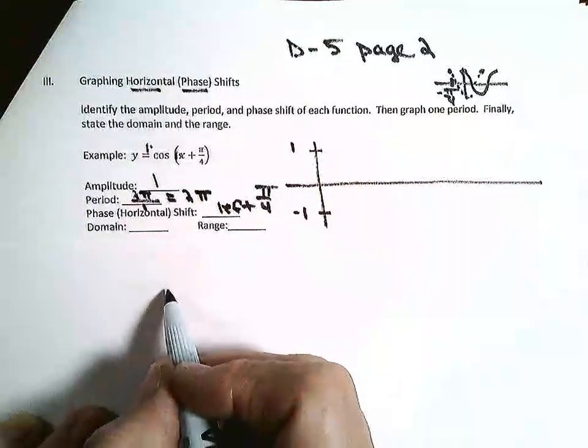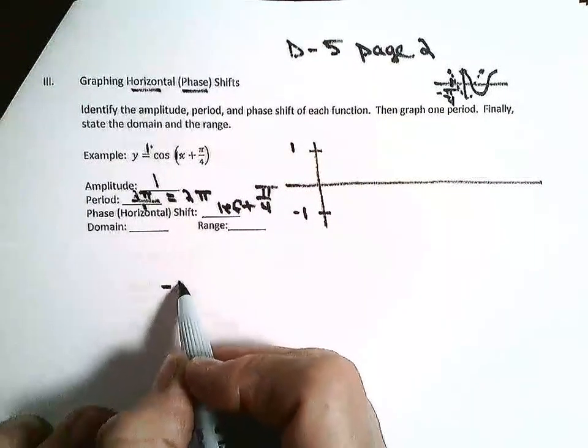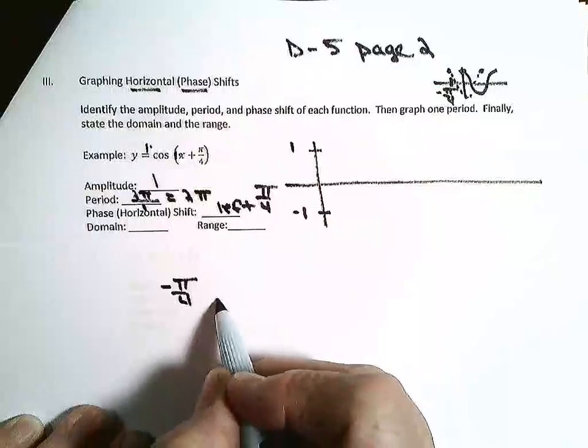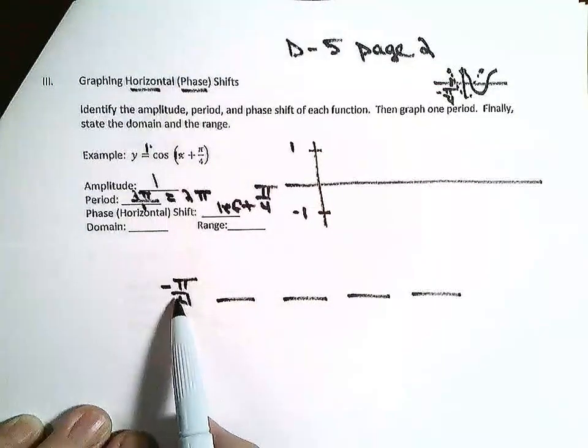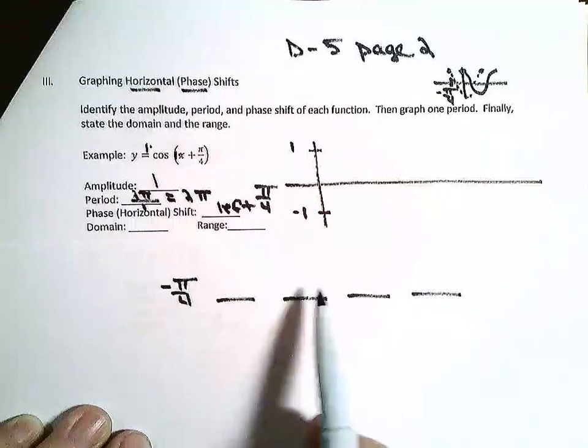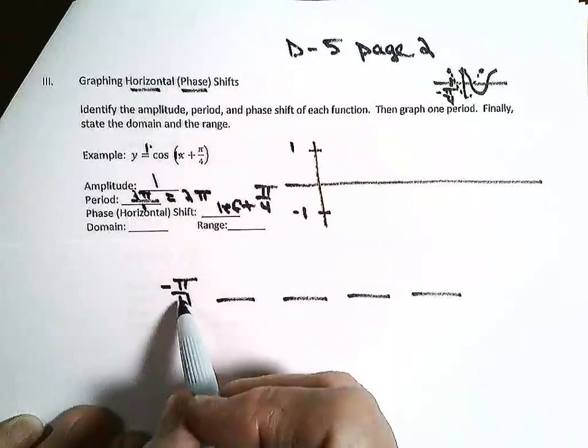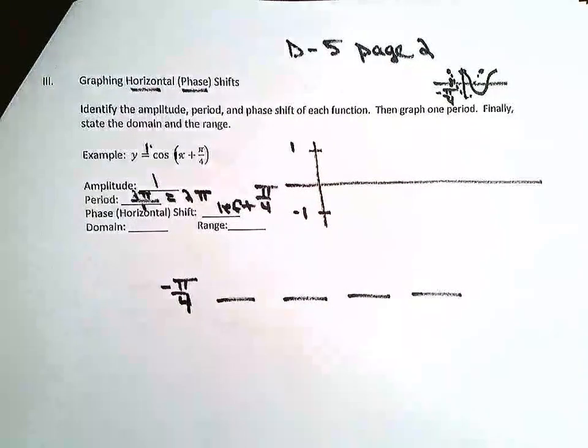So I'm going to come down here, and we'll start out with negative pi over 4, and then we want to come up with the other 4 values that we need. Again, beginning, middle, end, the quarter point, and the 3/4 point. There are certainly different ways that you can approach this, but I'm just going to stick to one particular method to keep this video fairly short.